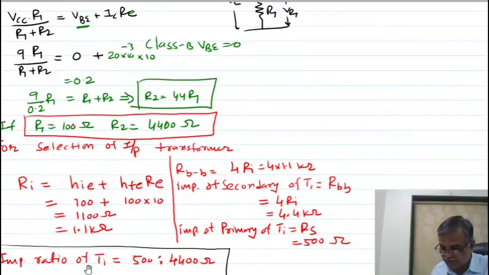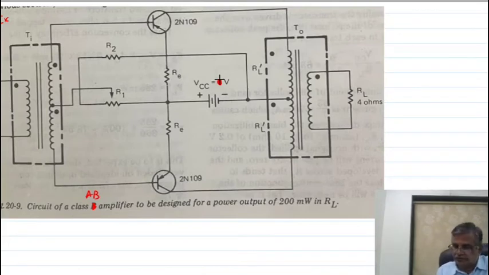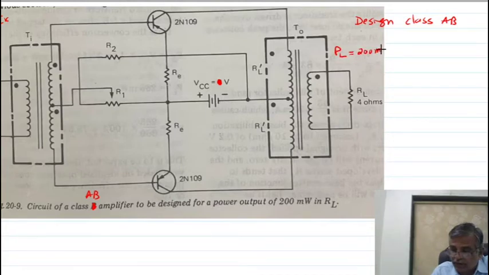It is for class AB. See the same circuit, and they are asking you to design a class AB push pull amplifier to deliver 200 milliwatt power at 4 ohm load.